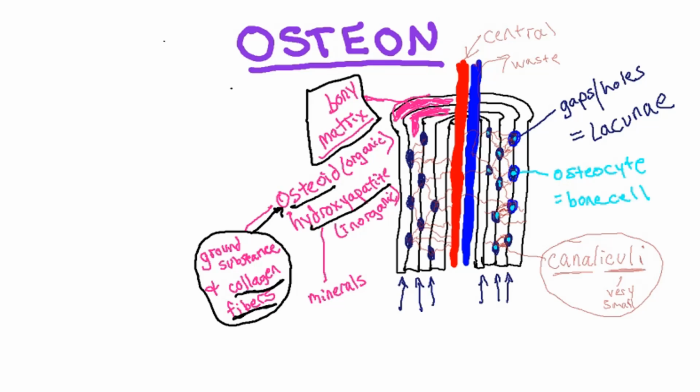So before, I had an osteon drawn here to the left, so now I'm going to kind of unravel it, and draw it so you can see the layers inside. So here would be the central canal, the capillary coming out, and the venule coming out. And surrounding that is a layer of lamellae.